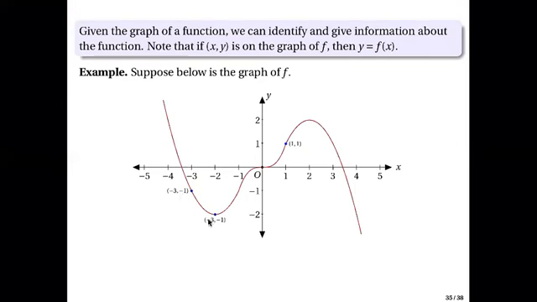Sorry, this should be (-2, -2). This guy here should be (-2, -2). And then this guy here, of course, is the origin.